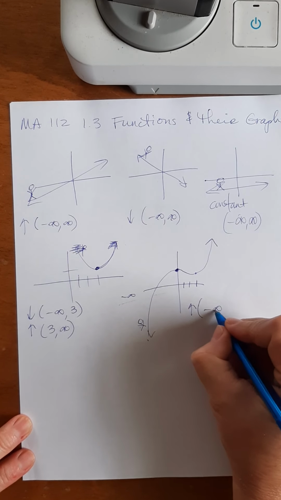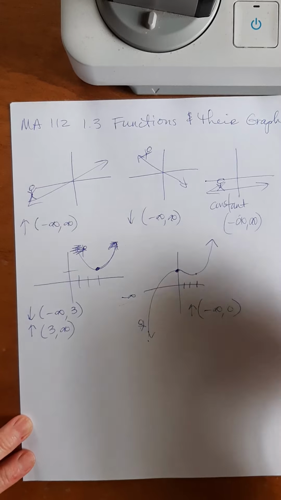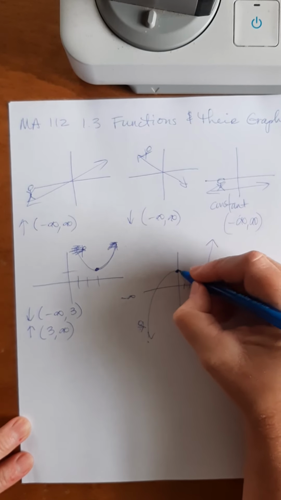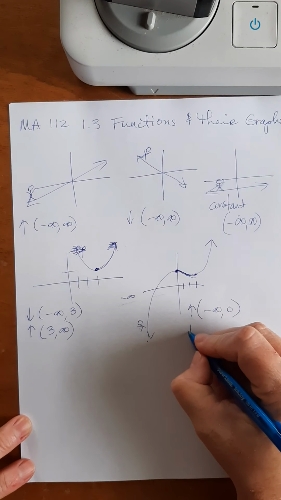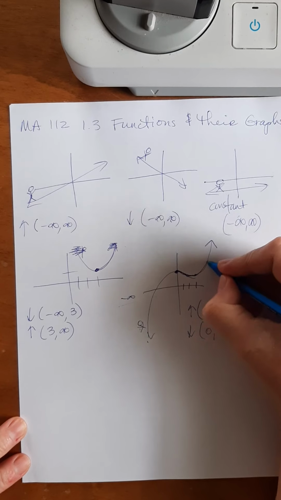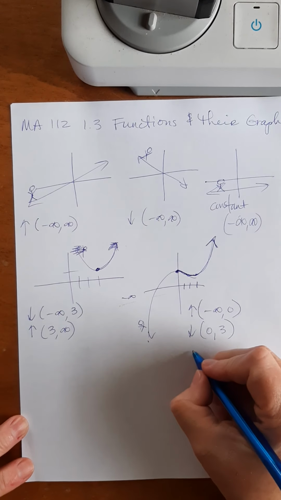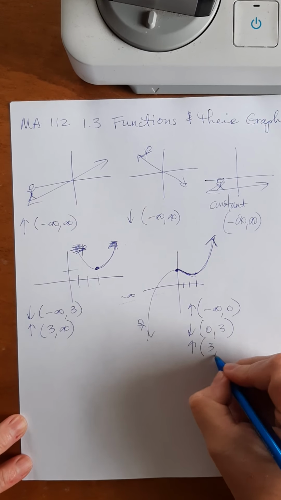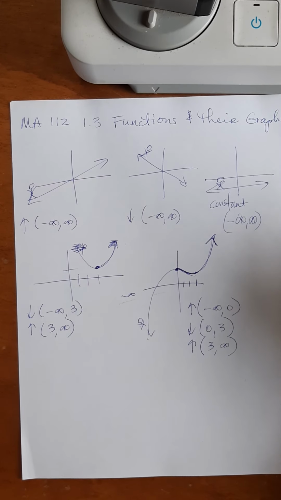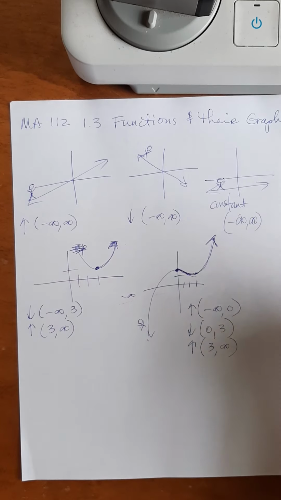So increasing negative infinity to 0. But then notice how from 0 to 3, it's ever so slightly going down. So decreasing 0 to 3. And then from 3 up, it's increasing again.